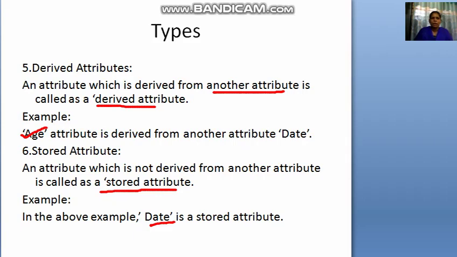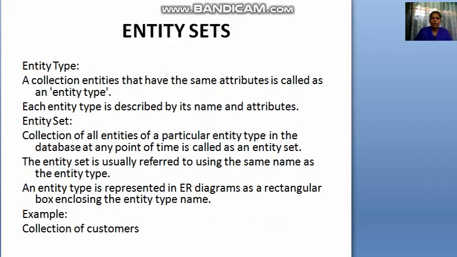Okay, now after this discussion of types of attributes, the entity set and entity type. A collection of entities that have the same attributes is called an entity type. Each entity type is described by its name and attributes. Entity set: the collection of all entities of a particular entity type in the database at any point of time is called an entity set.